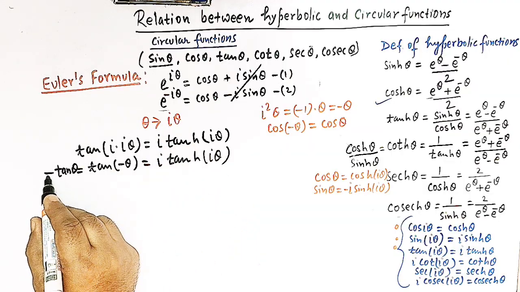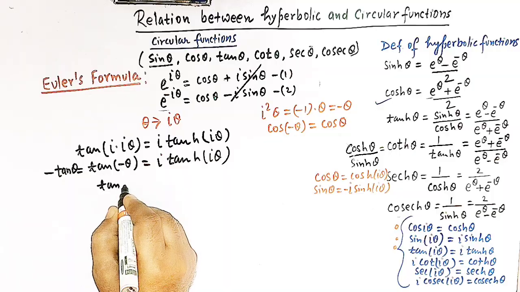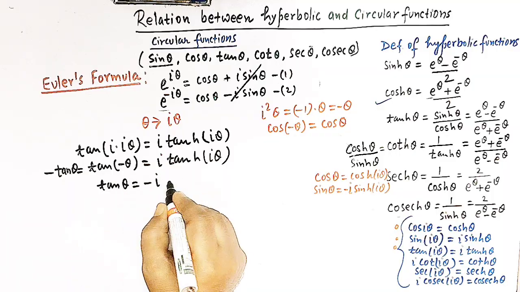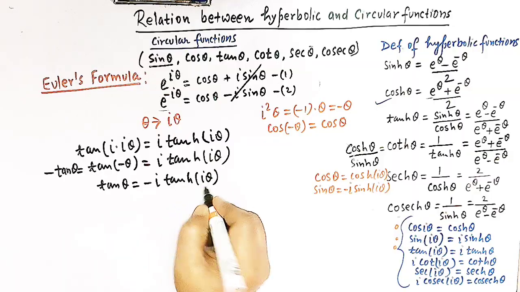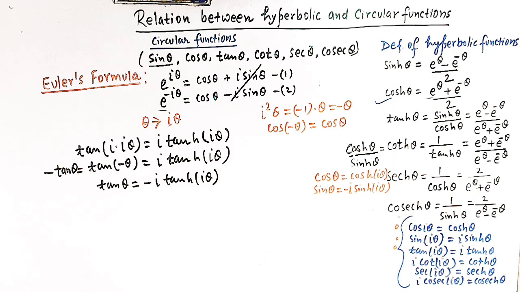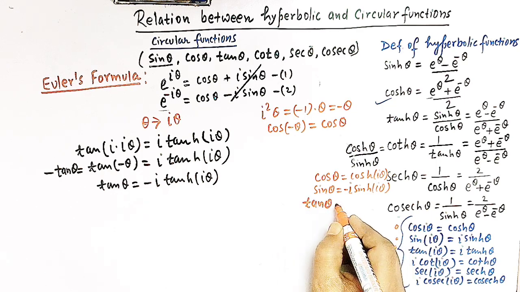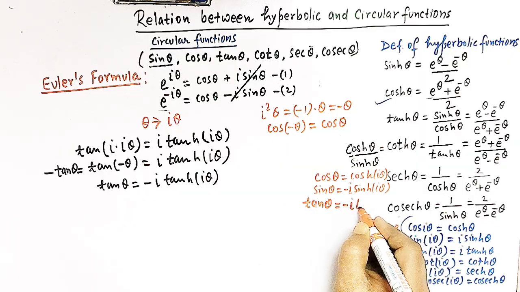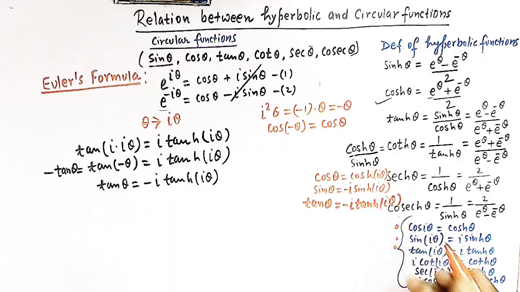Now taking this negative sign to this side, we have tan θ = −i tanh(iθ). So now we have the third relation: tan θ = −i tanh(iθ).